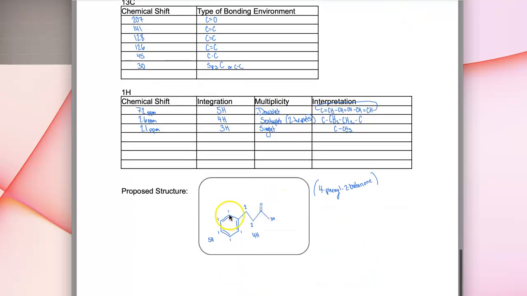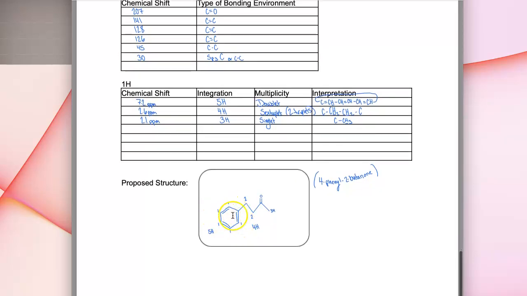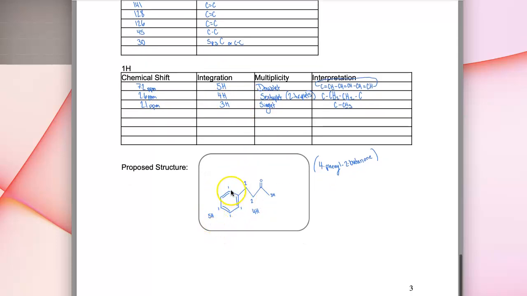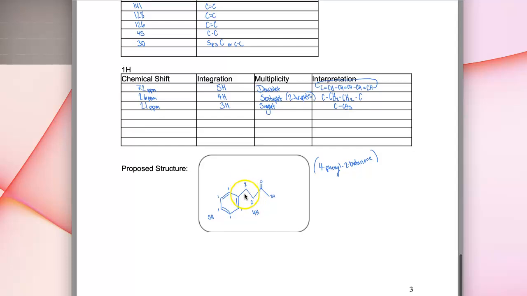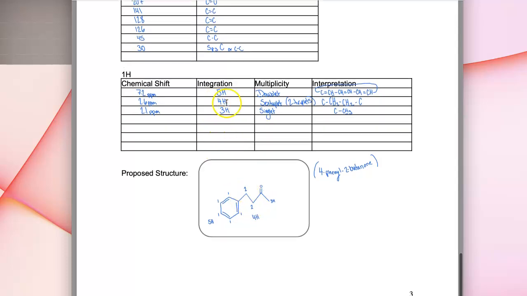So they're all kind of by one another, our H's here, and they're all in the same similar environment. And then we look at, and there are 5 H's here. 1, 2, 3, 4, 5. That is where we get our integration number. And then next, there are 2 H's on each of these carbons, which is where we get our 4 H's.